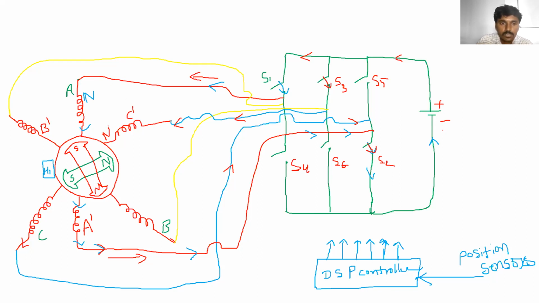Whenever the C dash coil becomes a north pole, it attracts the south pole, and again the rotor is rotating like this. Clear?